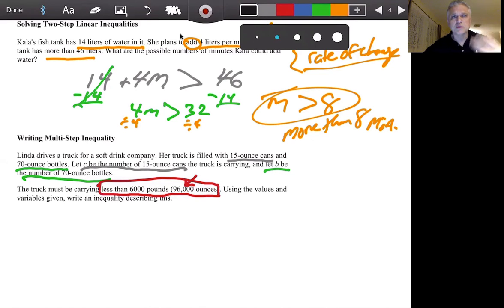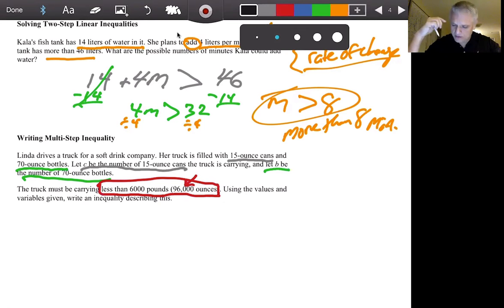Reason number 2, maybe they have found that when you have more than 96,000 ounces, maybe your truck is driving across the country, maybe, just maybe, it causes harm to the engine. Maybe it causes air to go out of the tires, okay? It's probably a safety-related regulation.